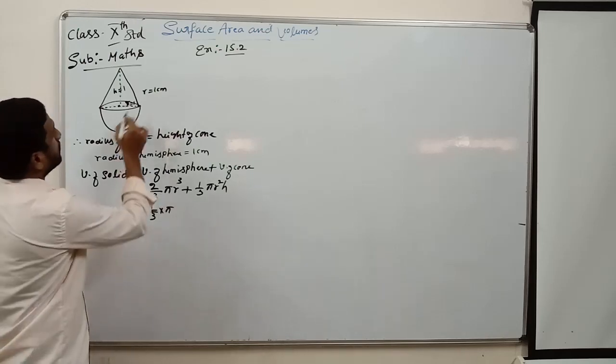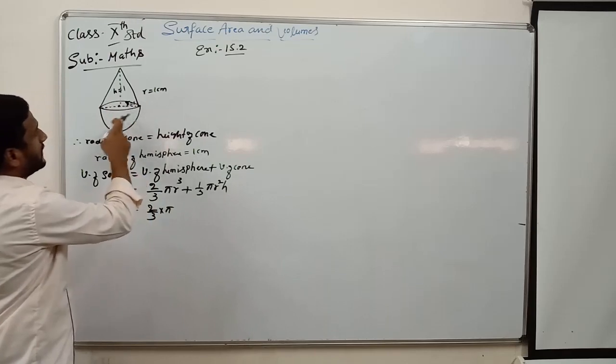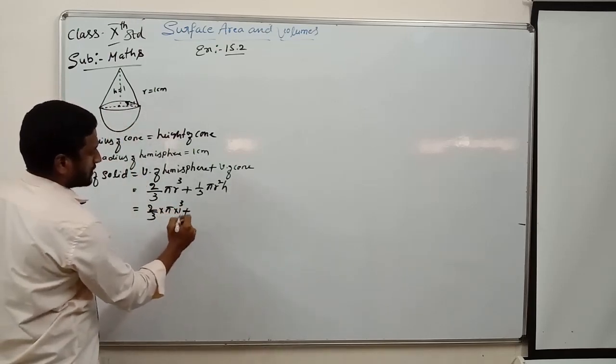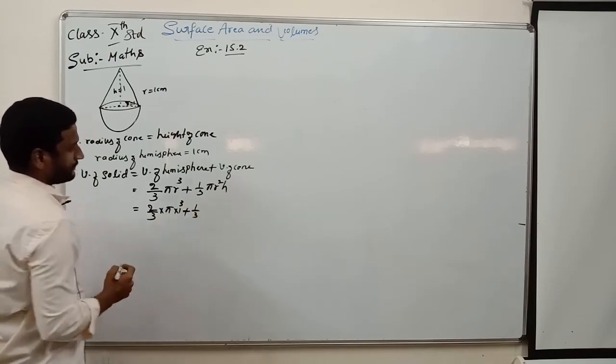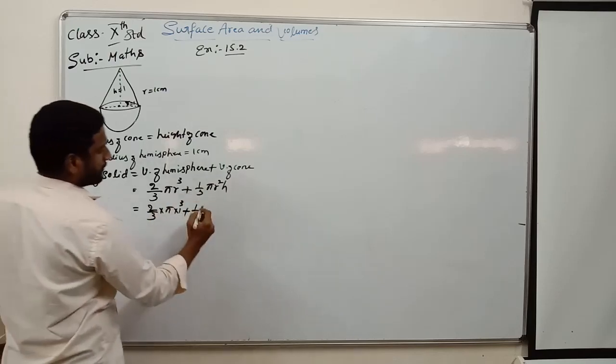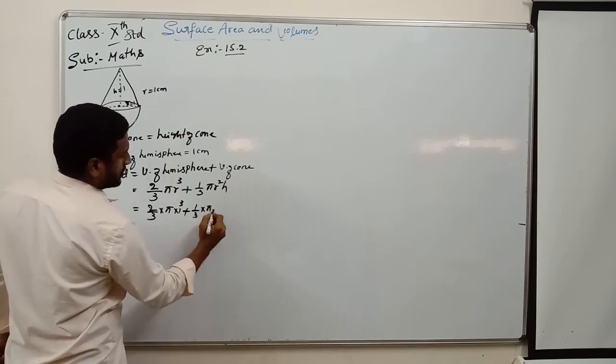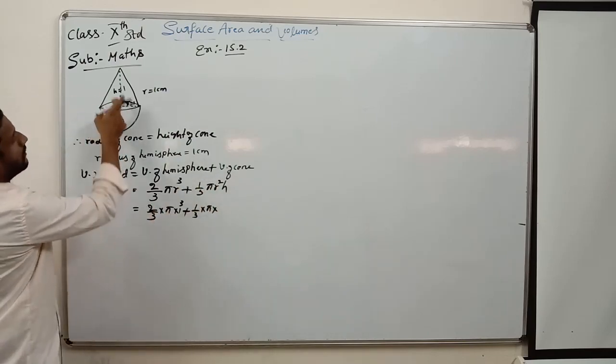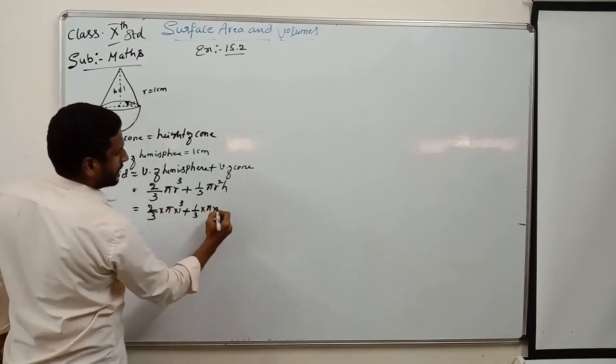The r value, the radius of the cone and the radius of the hemisphere, are all equal to 1 centimeter, so 1 cube, plus 1 by 3 pi again as it is, with the radius of the cone also equal to that of the hemisphere, 1 square, into the height.